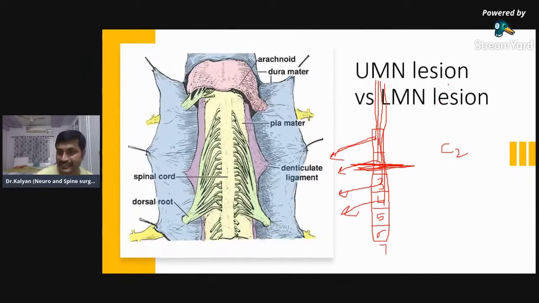Now, suppose there is an injury to C2. In this hypothetical situation, where there is injury to the C2 spinal cord segment, what happens to the C1 muscles? If you understand this concept, all the next sessions are going to be very easy for you.